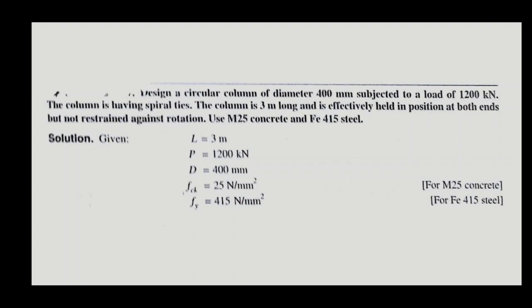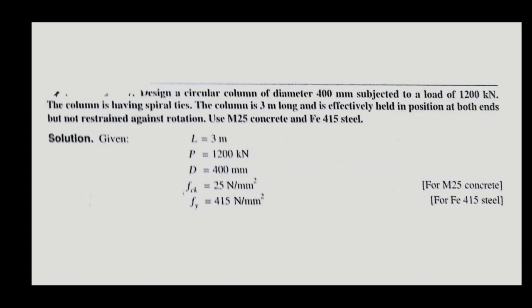So this is the problem on your screen. Design a circular column of diameter 400 mm subjected to a load of 1200 kilonewton. The column is having spiral ties. The column is 3 meter long and is effectively held in position at both ends but not restrained against rotation.